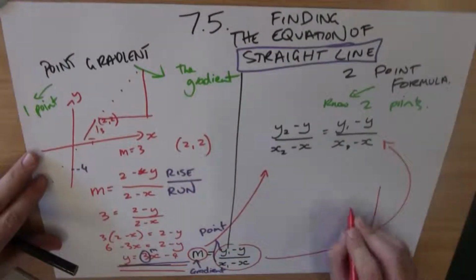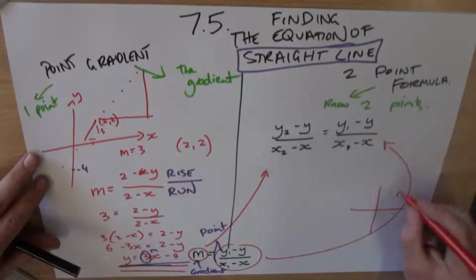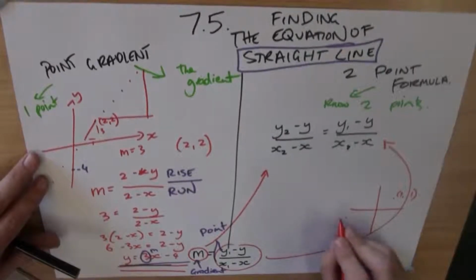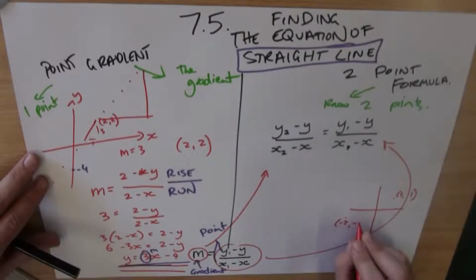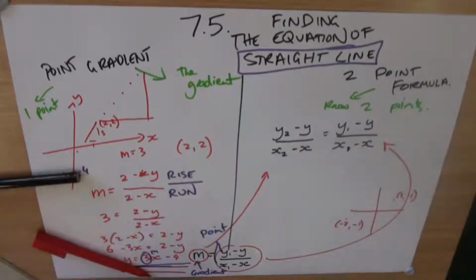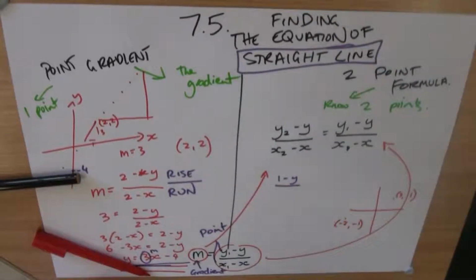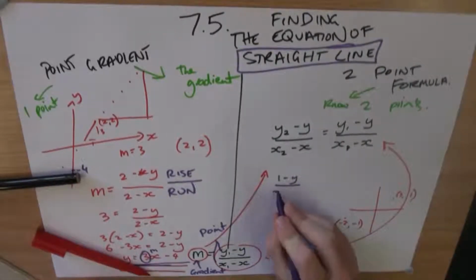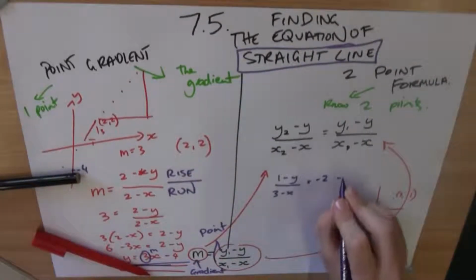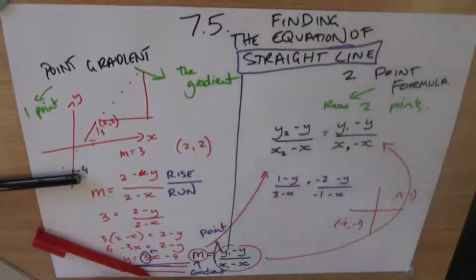Now I can use this if I have 2 points. Let's go this point here, which is going to be 3, 1, and this point over here, which is going to be -2, -1. Those are my 2 points, so I'm going to plug them in. It doesn't really matter which one I do into what section. So let's go 1 minus y over 3 minus x equals -2 minus y over -1 minus x.